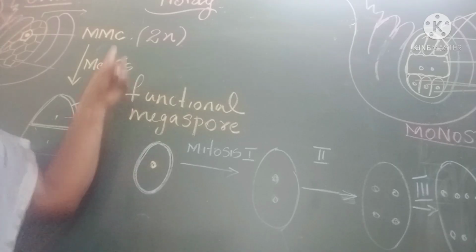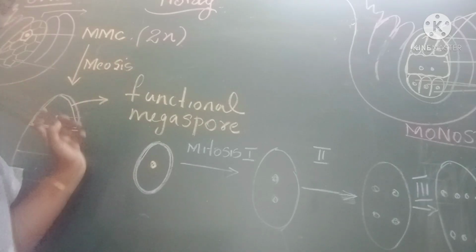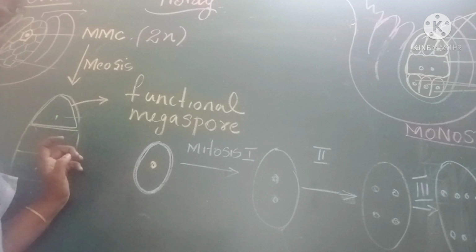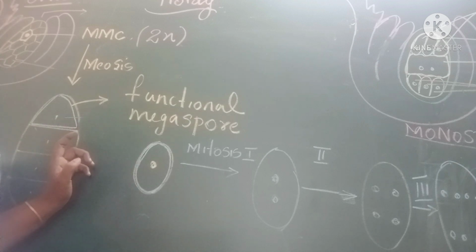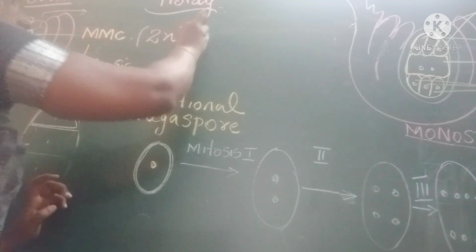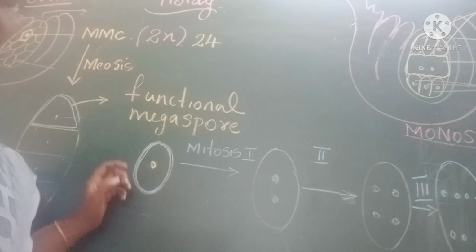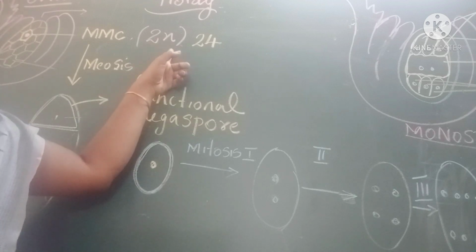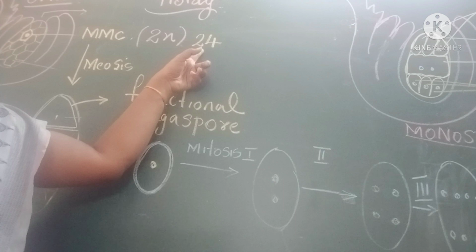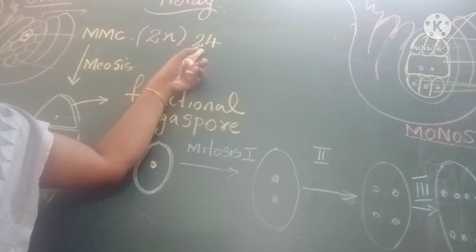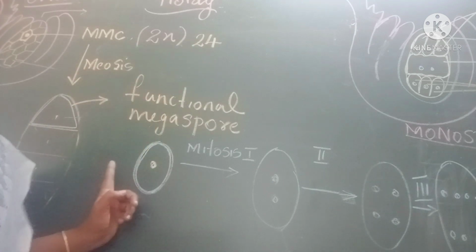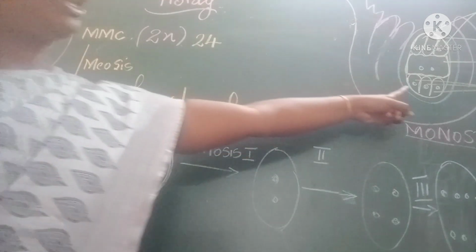Next I am telling about the ploidy of these cells. Suppose a megasporangium consists of chromosome number 24. Okay, listen, a megasporangium which consists of chromosome number 24. Then find out the chromosome number of each cell in the embryo sac.